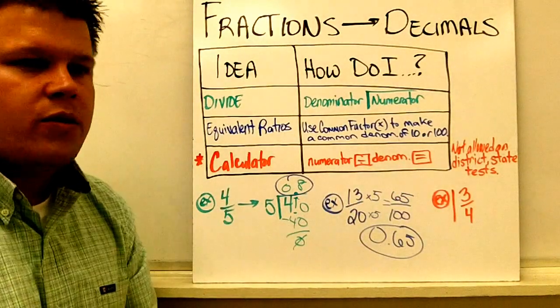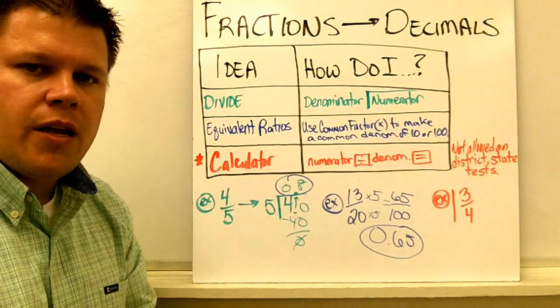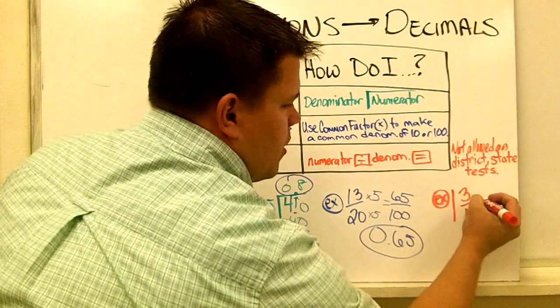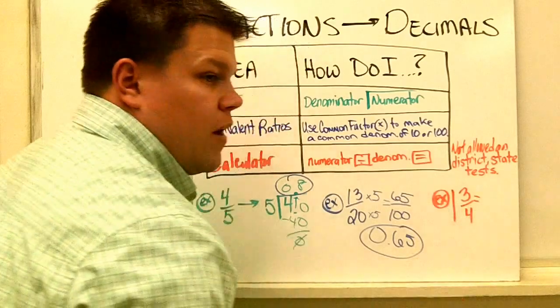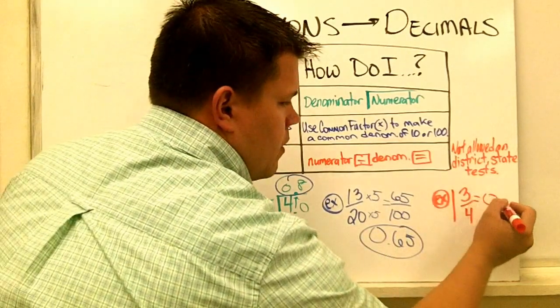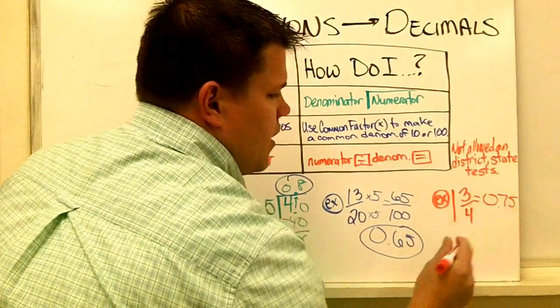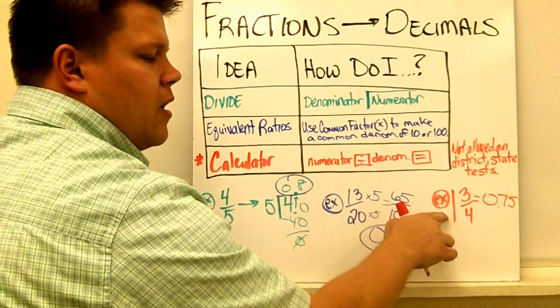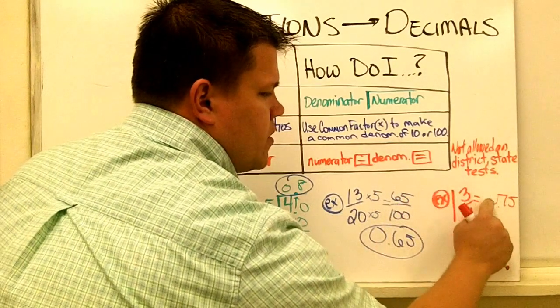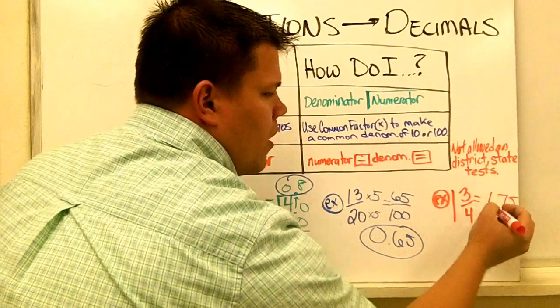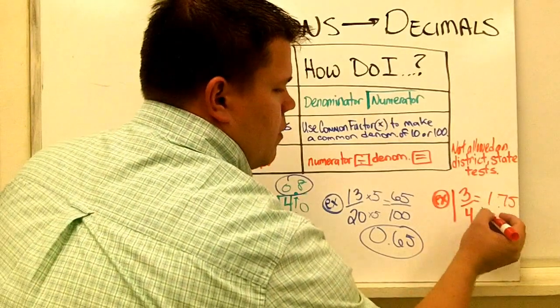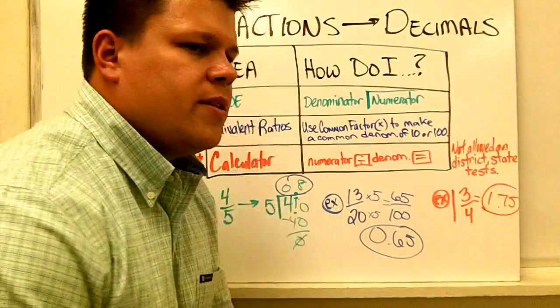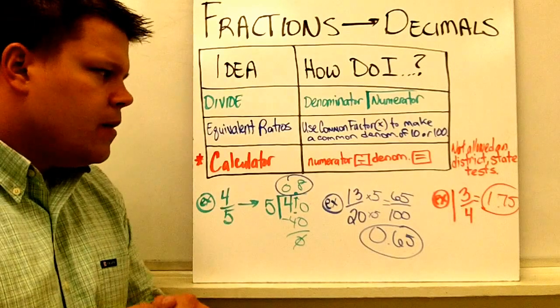And since I don't have a calculator handy, I'm just going to write that answer in here. It's going to end up being 0 and 75 hundredths. Now that's not the answer, because I still have this 1 I need to tack onto it. So actually it's not 0 and 75 hundredths, it's 1 and 75 hundredths.